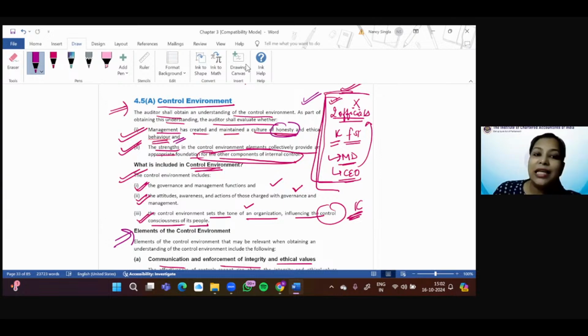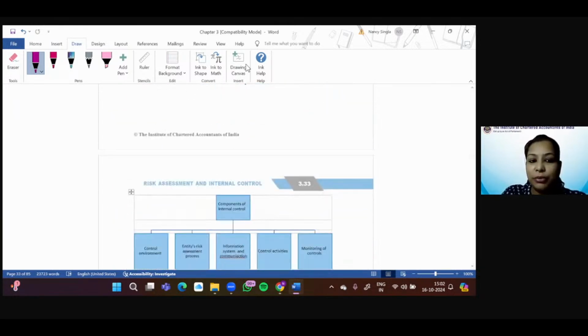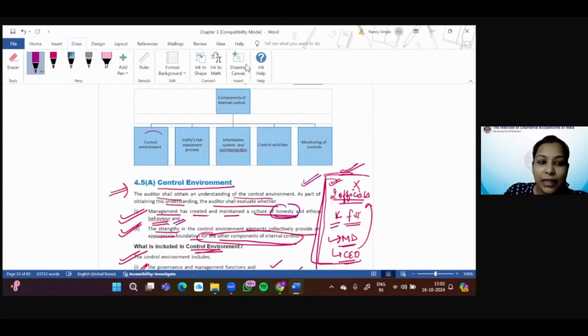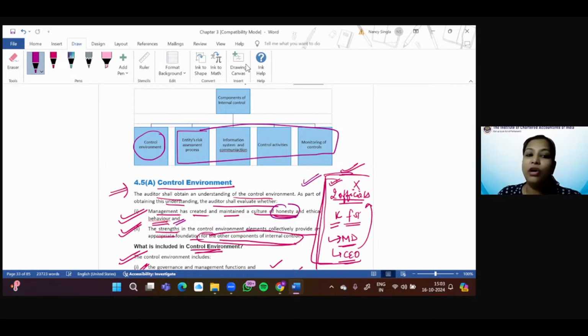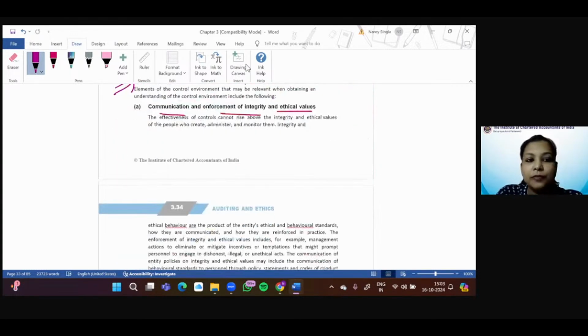Whether the elements of control environment have the strength to provide the appropriate foundation to the other components of internal control. You have seen that there are 5 components of internal control, which are what? Entity's risk assessment process, information system and communication, control activities, and monitoring of controls, right?